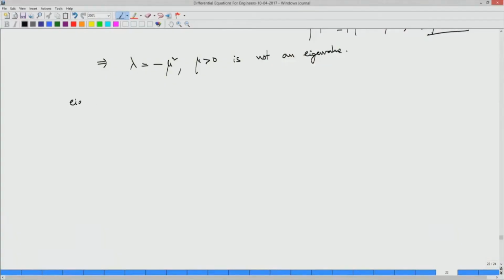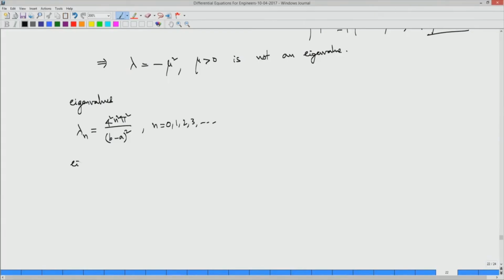You can now put it together. All the eigenvalues: I have only lambda n, which is 4 pi square n square by (b minus a) whole square, for n equal to 0, 1, 2, 3 onwards.